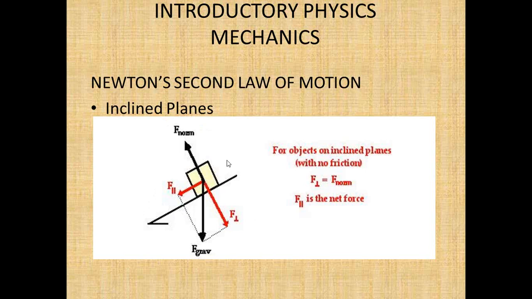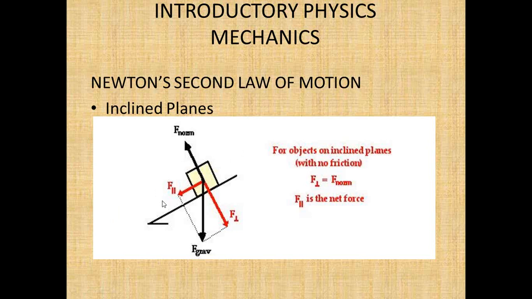But because it's inclined and you have a net force, the parallel component of the force due to gravity, which is pulling it downwards, this is a net force. And that is why when you have an object on an inclined surface, there's always a tendency for it to accelerate, because you have this unbalanced force, which is pulling it downwards, the parallel component of the force due to gravity.